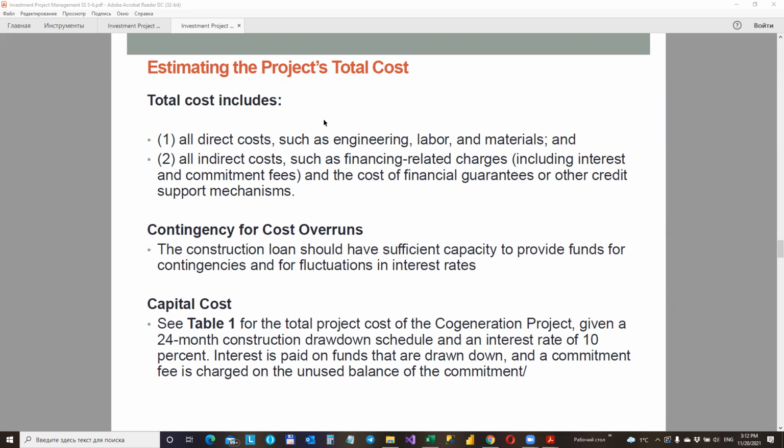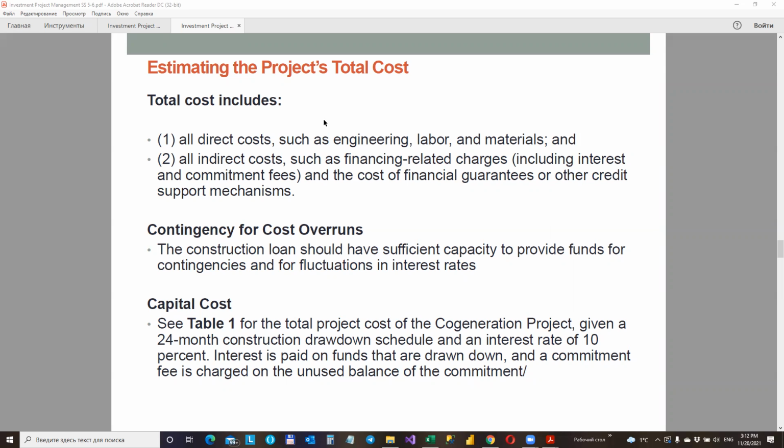The principal engineering firm usually supplies the construction drawdown schedule. The construction period allows time for preliminary engineering and licensing in addition to the actual construction. For the cogeneration project, funds needed during the construction period will be supplied by a commercial bank.